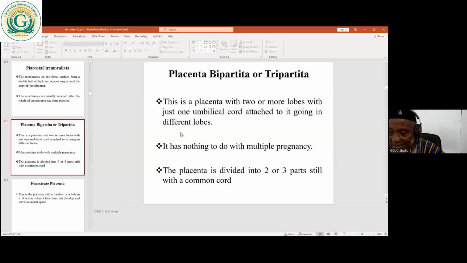If you are assisting or conducting a labor and you see two lobes coming as one placenta, don't assume there's another baby there. The placenta can have two or three lobes. If it is two, we call it bipartita placenta. If it is three, we call it tripartita placenta.